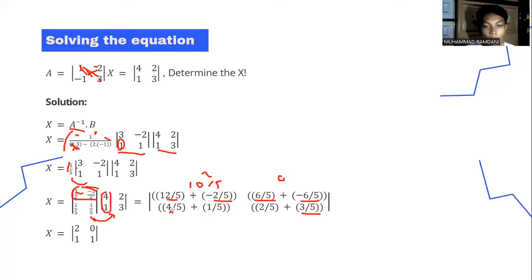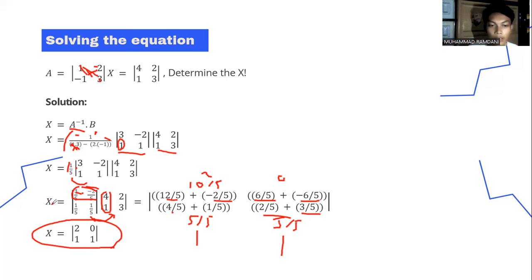Right here, 4 per 5 plus 1 per 5 becomes 5 per 5, which is 1. The last one is 2 per 5 plus 3 per 5, which also becomes 5 per 5, which is 1. So we have the answer: the elements of the X matrix are 2, 0, 1, 1.